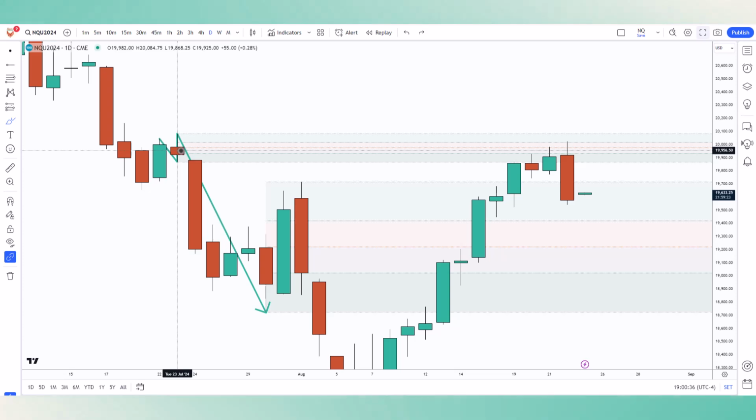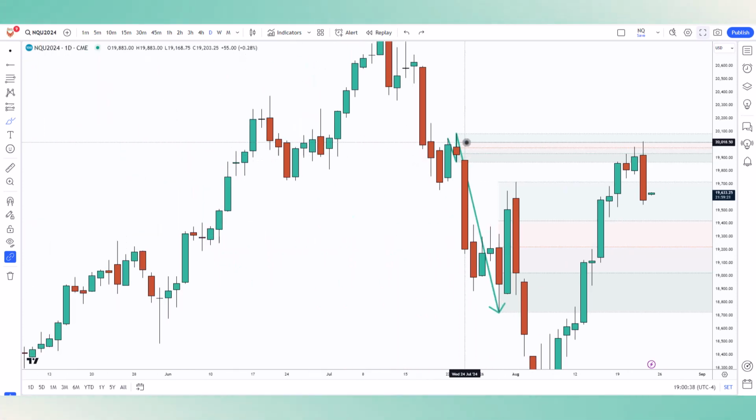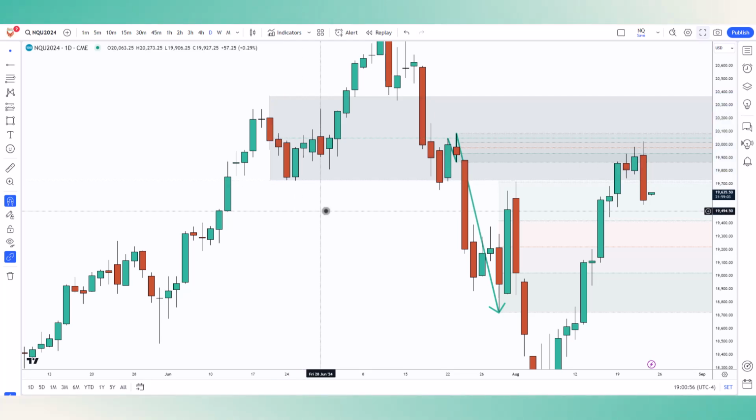So you need to always focus on market structure, and especially the details of the details of the details. If you take the correct narrative, you will see that this swing in itself did mitigate this flip zone and delivered all of this move.